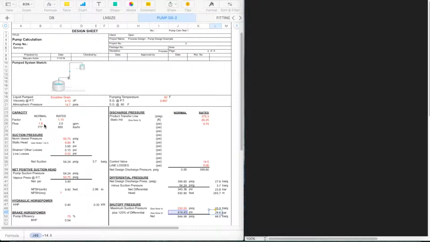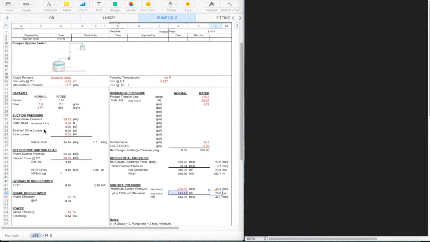First, we find the flow rate or capacity for design or rated flow rate, which is 1.1, or 10% over the normal flow rate, almost a good factor to calculate design flow. So 855 is 1.1 multiplied by 777.